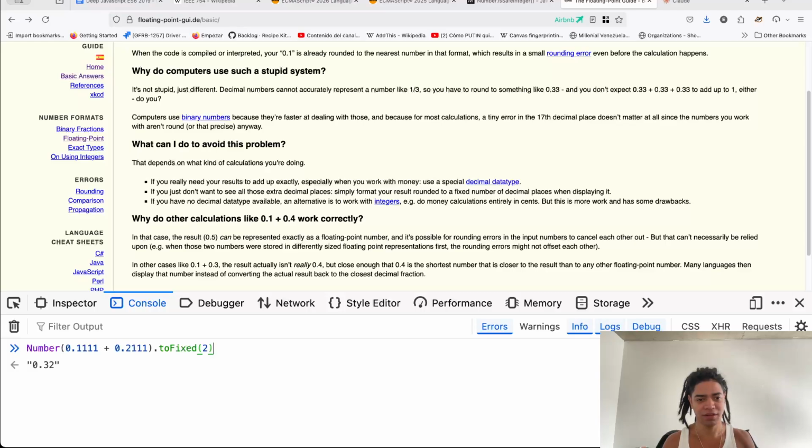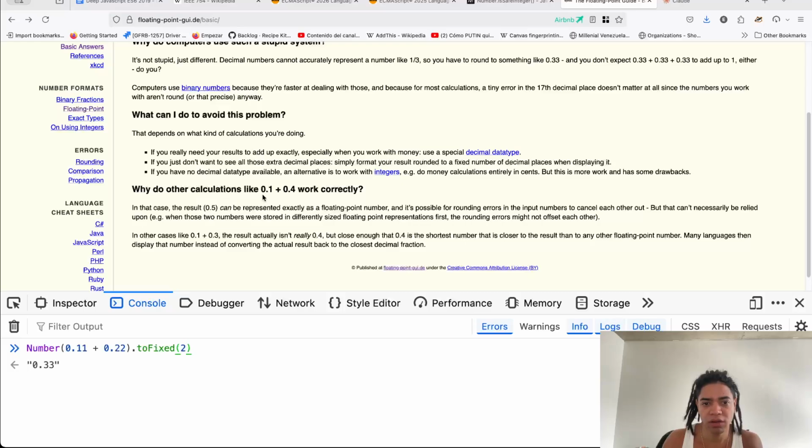Exactly, so you can do something like this to be much more accurate and only get 2 decimals.